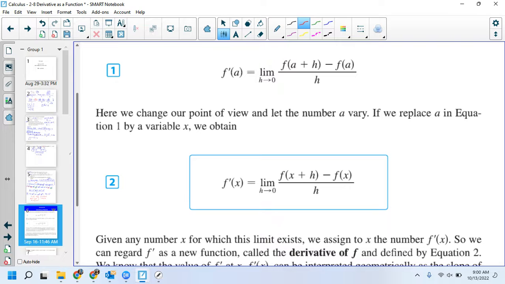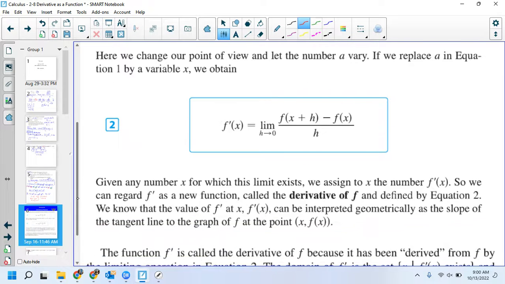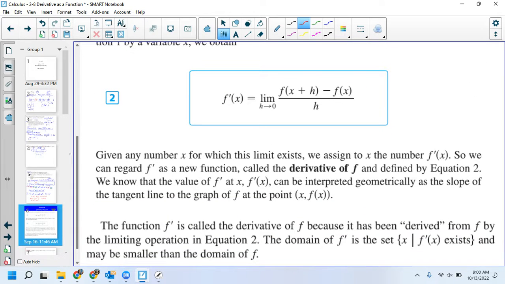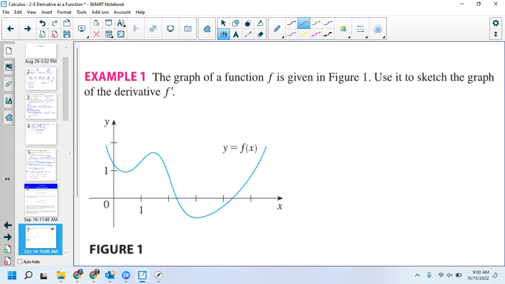Given any number x for which the limit exists, we assign f prime of x, so we can regard f prime as a new function called the derivative of f, right? We're going to write it as a derivative. We know that the value of f prime at x can be interpreted geometrically as the slope of the tangent line to the graph at any given point. So let's take a look here and evaluate a graph.